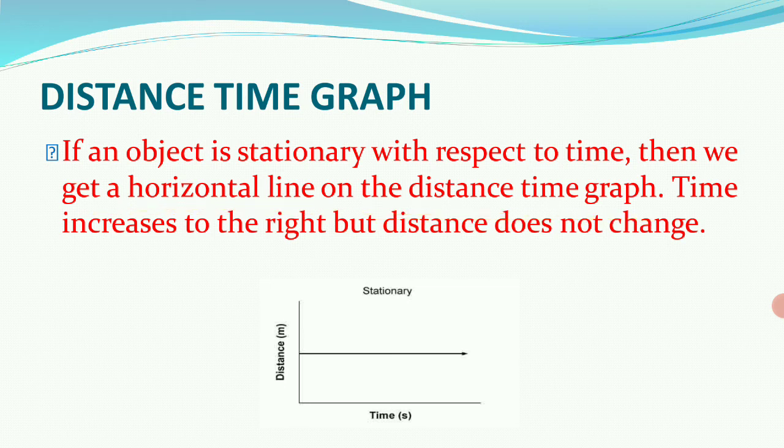Now we plot the distance-time graph, with distance on the y-axis and time on the x-axis. The object is at rest, so we get a straight horizontal line. See, distance is constant while time is increasing.